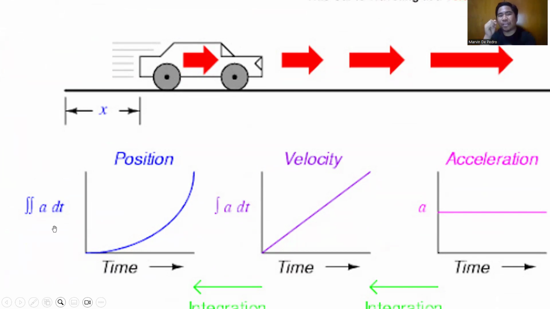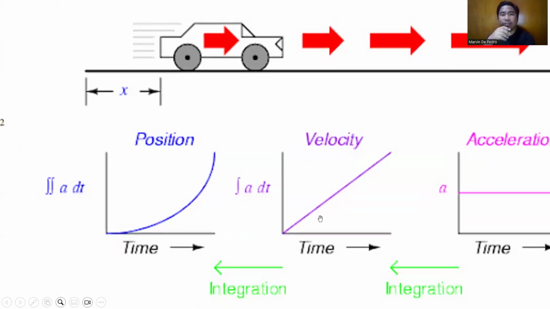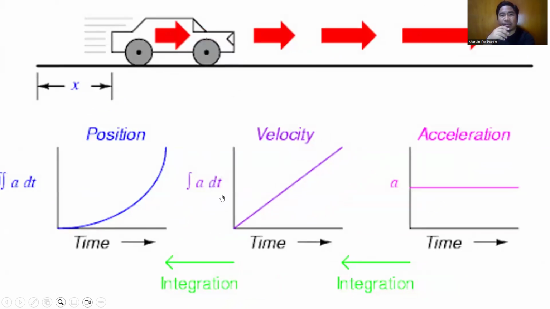So if you take the derivative of your position, which normally has a curved, quadratic graph, you get the slope of this curve. So from a double integral, it now becomes a single integral. Normally from quadratic, you come up with a linear equation.